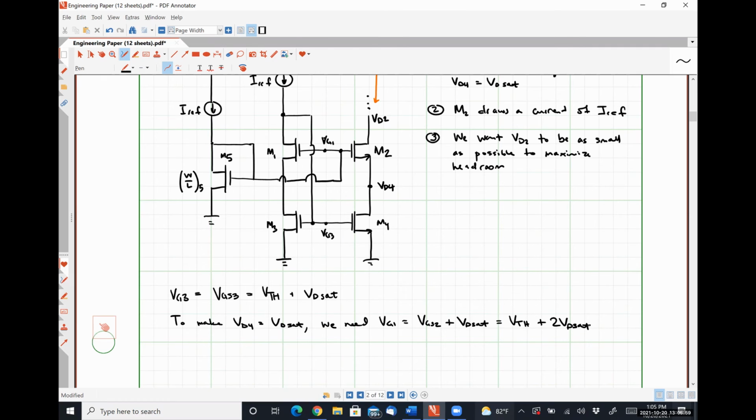Does this make sense here, right? So if VG1 is equal to VTH plus 2 VDSAT, Kirchhoff's voltage law tells us that VD4 will be exactly equal to VDSAT. All right.